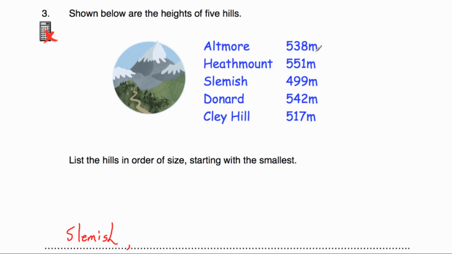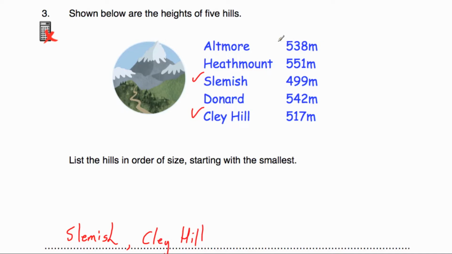Next, the next smallest will be in the 500s. We've got 517, 542, 551, and 538. The number with the smallest number in the tens column will be Clayhill with 517. So Clayhill will be the next smallest. So we've done Slemish and Clayhill. The next smallest, well, we've got 542, 551, and 538.